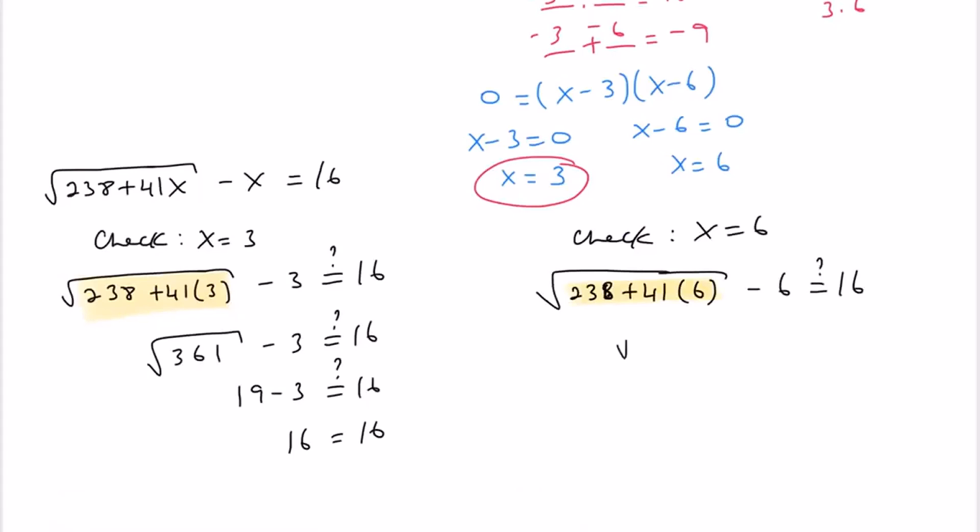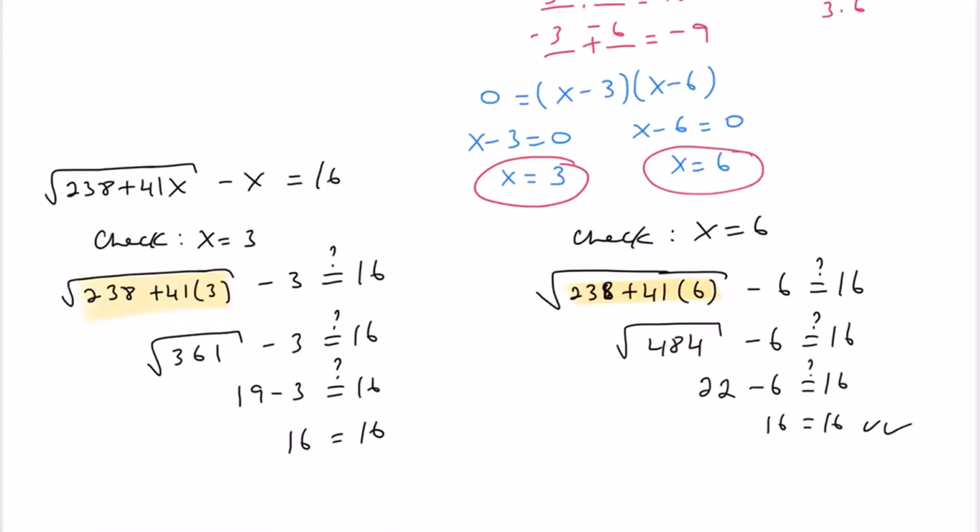So we have the square root of 484 minus 6. Square root of 484, so this is 22, minus 6. Is this equal to 16? And 22 minus 6 is 16, so 16 is equal to 16. So 6 is also an answer. So we have two answers, 3 and 6.